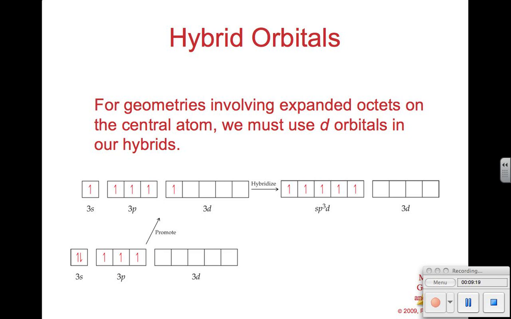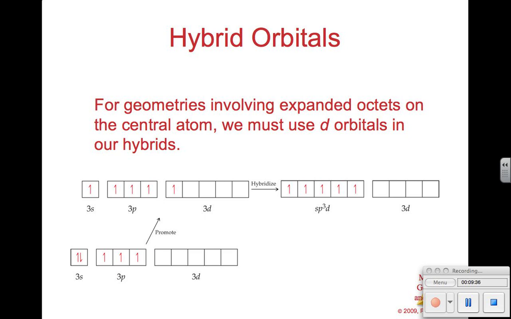You might say, but I thought the valence electrons need to fill to 8. Well, when we get into elements in the third energy level, they have a d subshell that electrons can be promoted into.